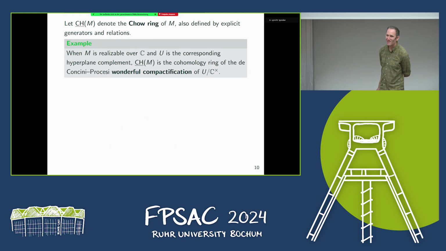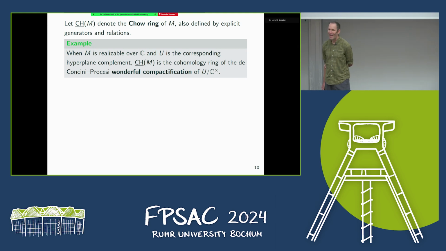Okay, I want to talk about two other similar polynomial invariants of matroids. So the first comes from something called the Chow ring. So this is denoted Ch underline of M. So like the Orlik-Solomon algebra, it's also defined by explicit generators and relations, and it also has a cohomological interpretation in the case of realizable matroids.